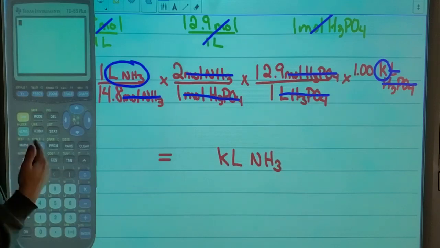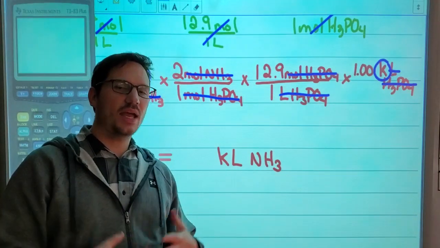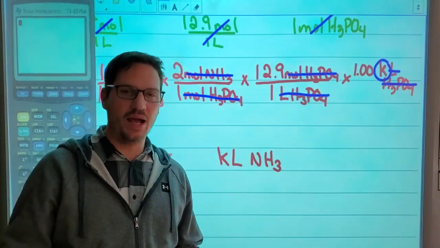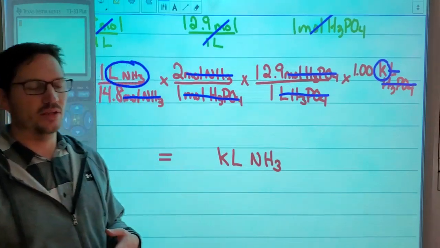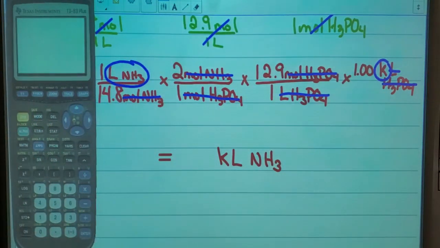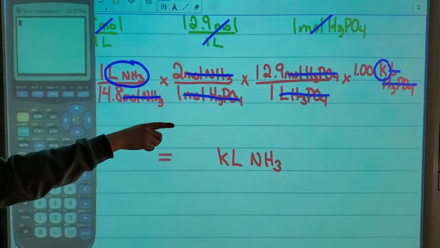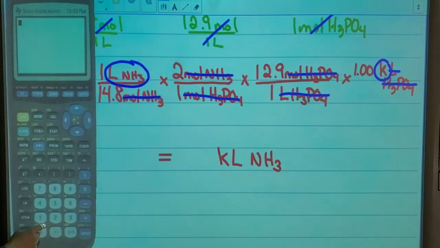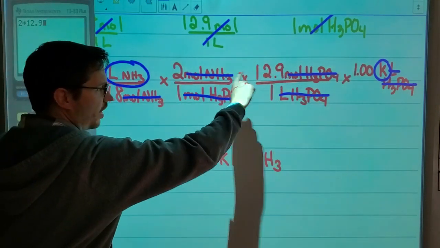Every time I do a calculation, you should also be doing a calculation. Using your calculator is a skill that you have to practice, something that you have to get good at. So please take out your calculator and actually perform this with me. So I don't care about the 1, but the 2, the 12, and the 1 on the other side I don't really care about. So 2 times 12.9, that's really all I care about on top.